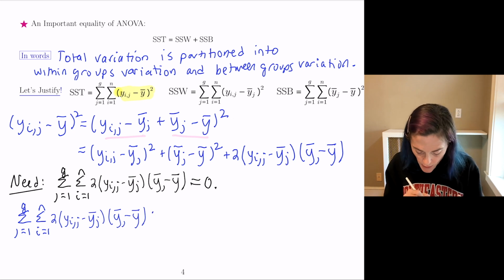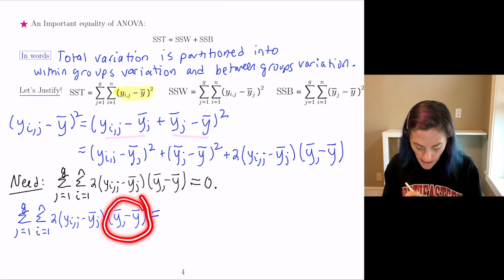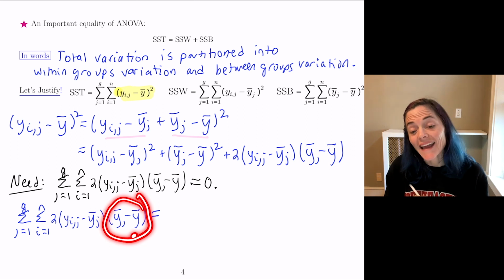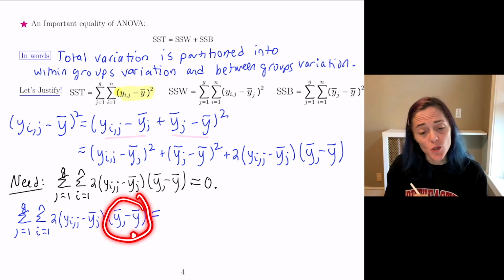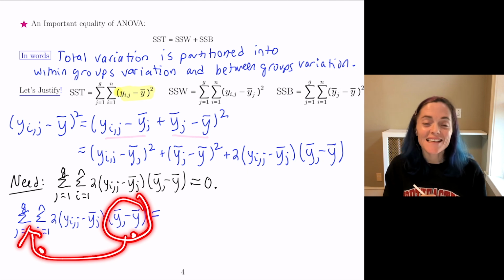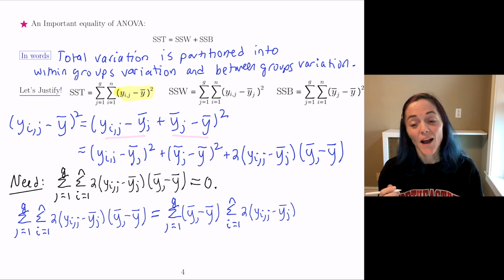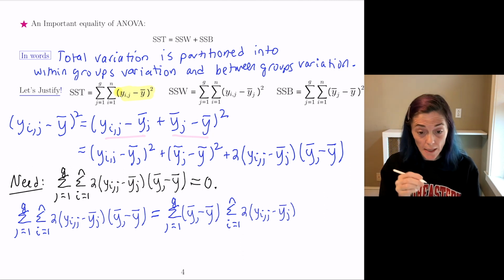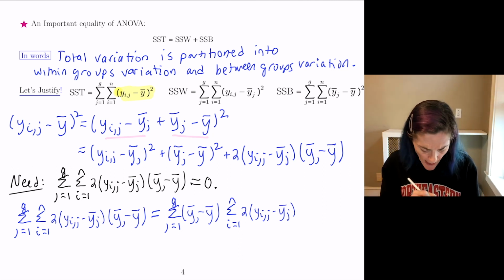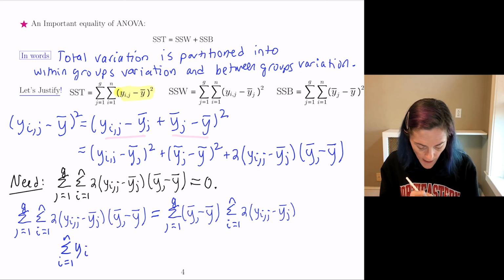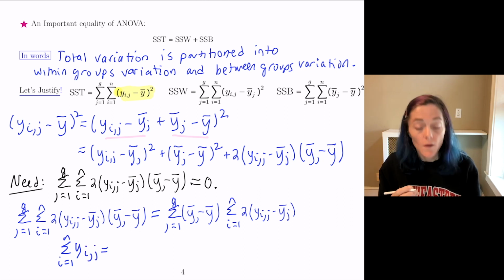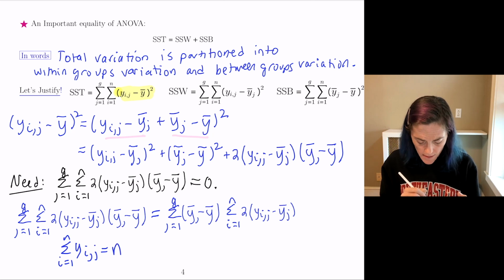The first thing that we can do is we observe right here that there is no i in this term, and so we can factor this outside of the first sum. Let's do that now. This is looking really nice because what happens when we add from i equals 1 to n of Yij? Well, we're going to get n times the group mean.